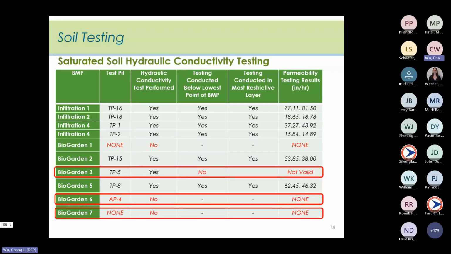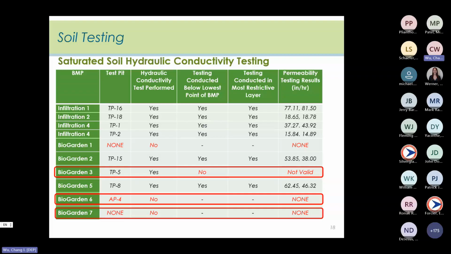Another point to mention is that if multiple saturated soil hydraulic conductivity rates in the BMP were obtained, the lowest value should be used to represent the tested saturated soil hydraulic conductivity, not the average. For example, infiltration basin 4 has 4 test results.